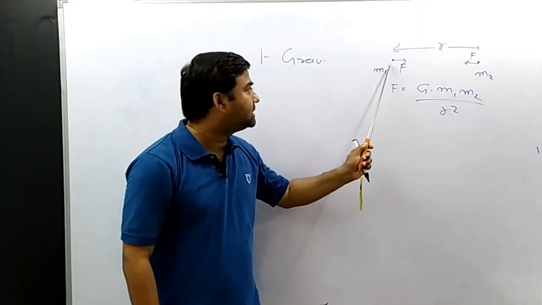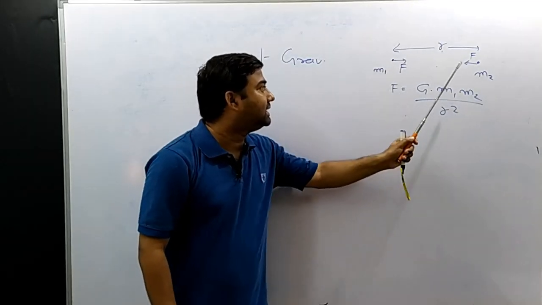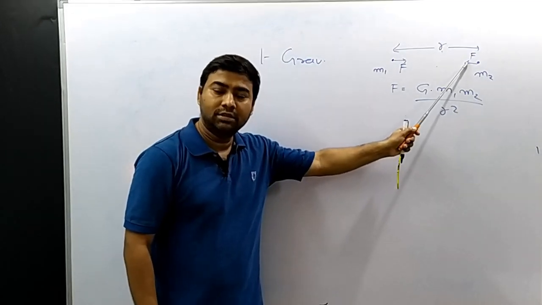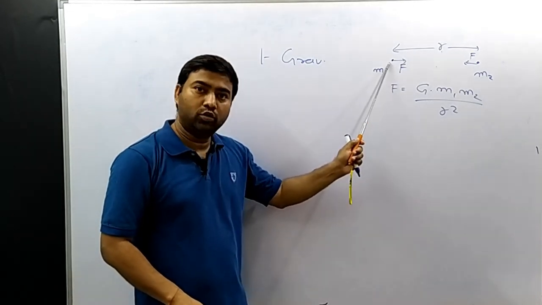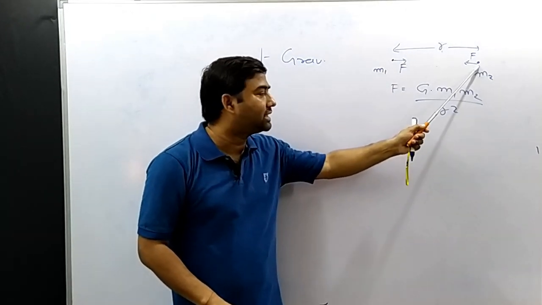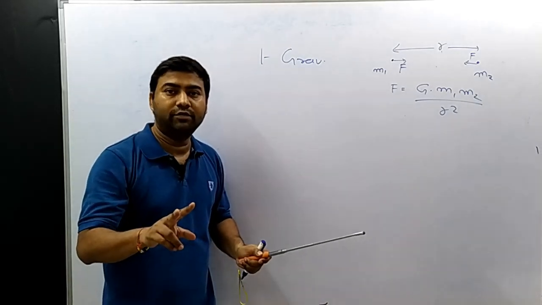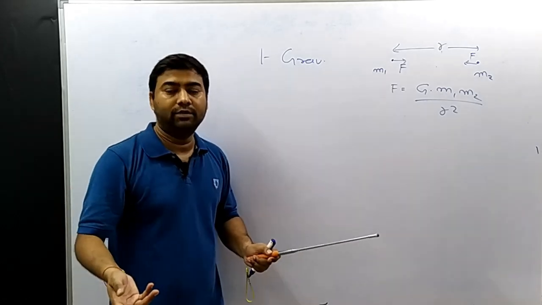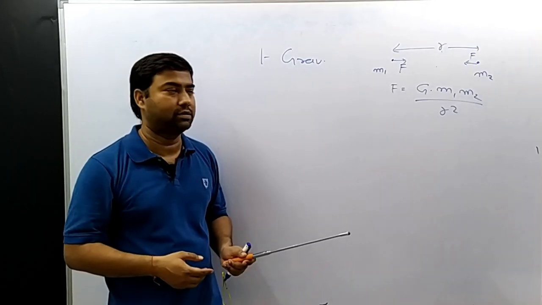So both these forces on m1 and on m2 are acting in opposite directions, equal in magnitude, and one is acting on m1 and the other is acting on m2. So these are two forces in paired form, acting on different bodies, having equal magnitude and opposite directions.